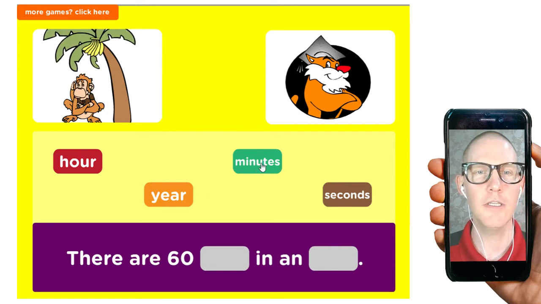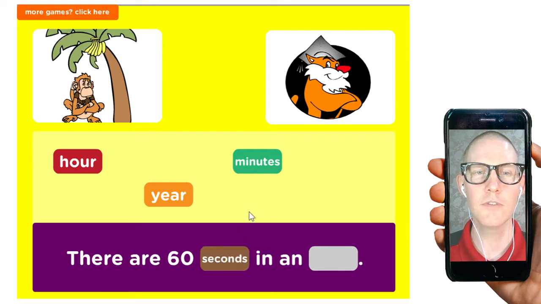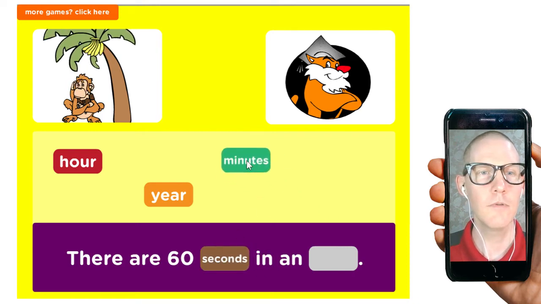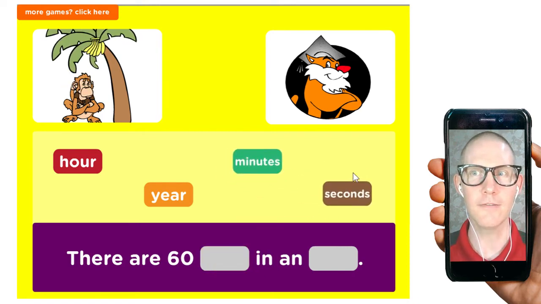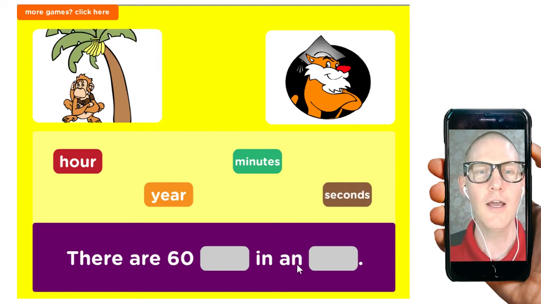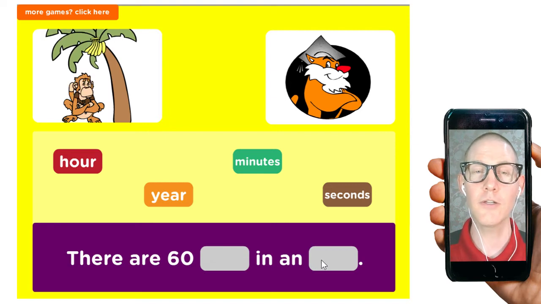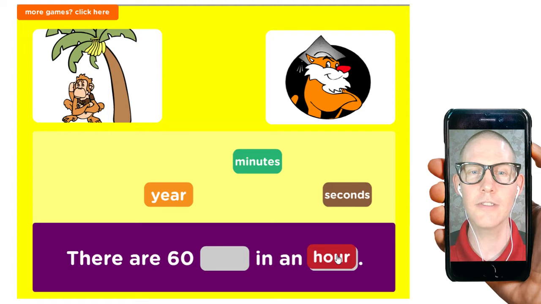There are 60 seconds. Oh, no, that's not right. It almost tricked me because it's "an". So we need a word that starts with a vowel sound. Okay, and the only one that starts with a vowel sound is hour.